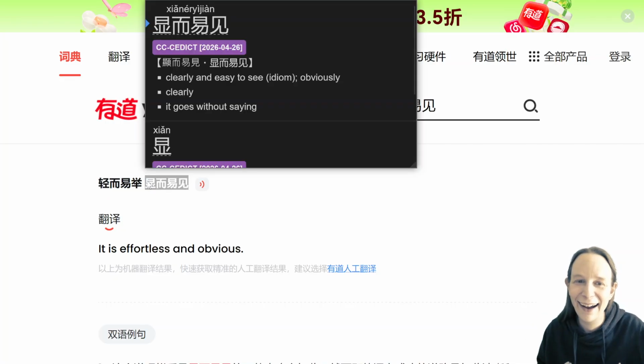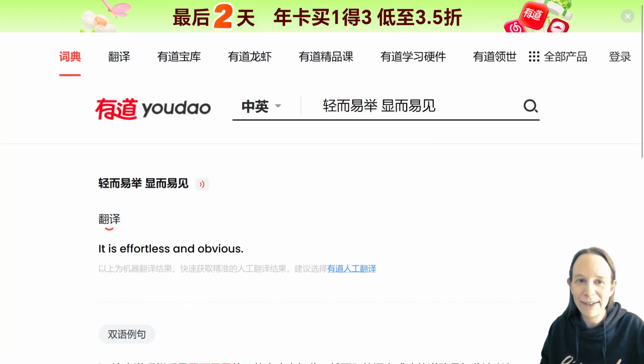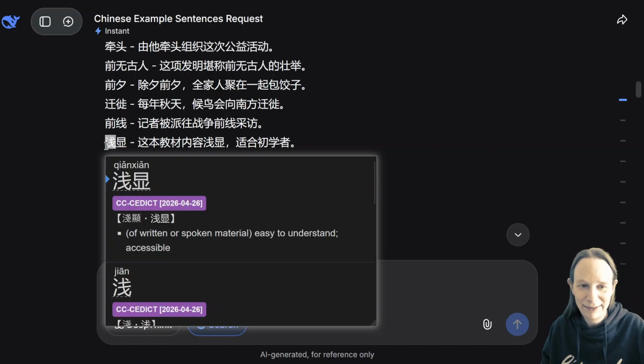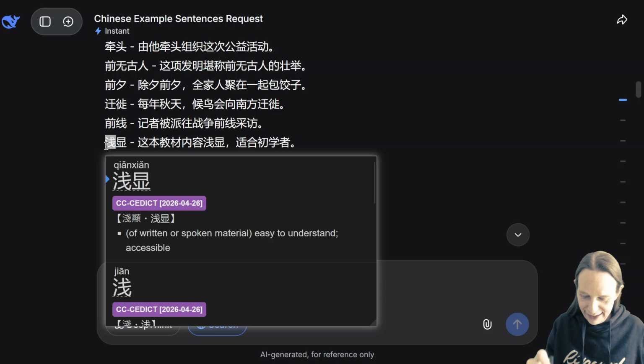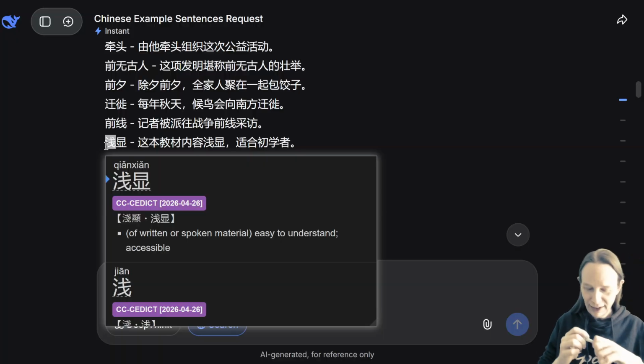Okay. So it's this kind of 显. Yeah, 浅显. All right. 浅 is third tone. 简单明白. 通俗易懂. Oh, that's another 成语. Sorry, 通俗易懂.